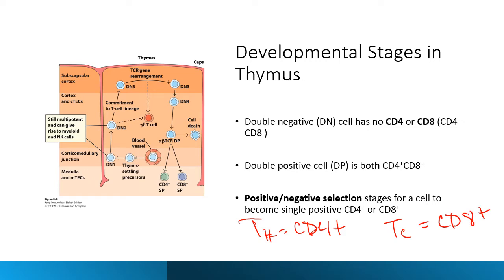They have to pick one. They can't stay both. If you isolate lymph nodes from a mouse or a human or whatever, you should not find double positive or double negative T cells. They should be either CD4 positive or CD8 positive.